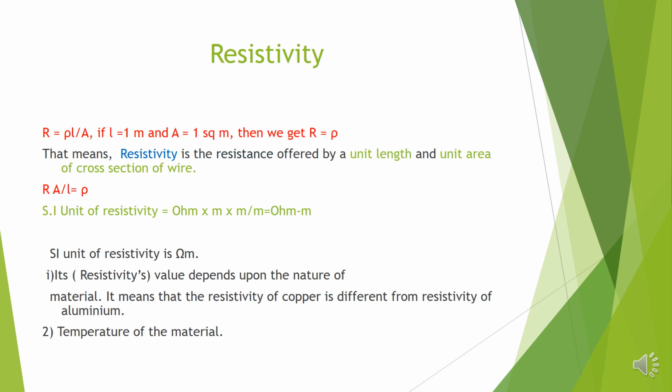It doesn't change with the length or area of cross section. It will only change if you change the material of the wire, that means from copper to aluminium. If you keep on changing the material, then only resistivity will change. And it also gets affected by the temperature of the material.